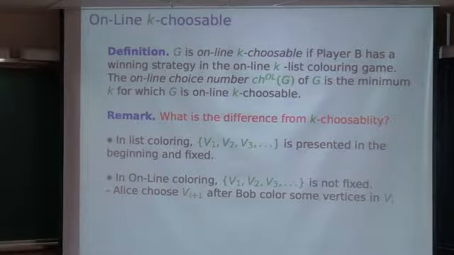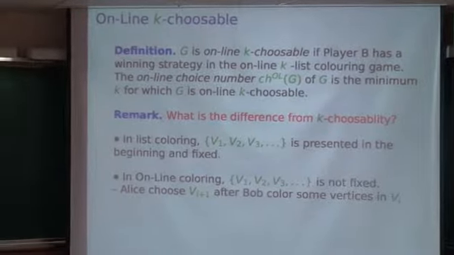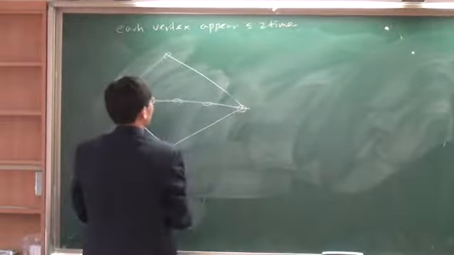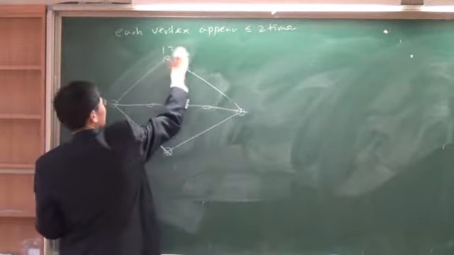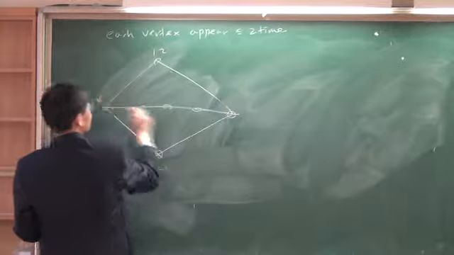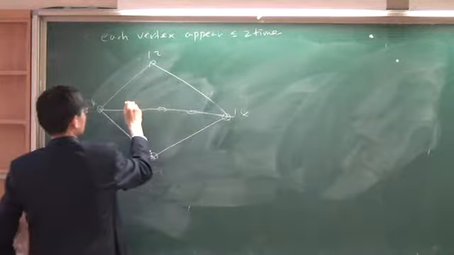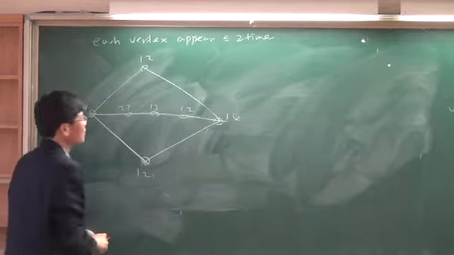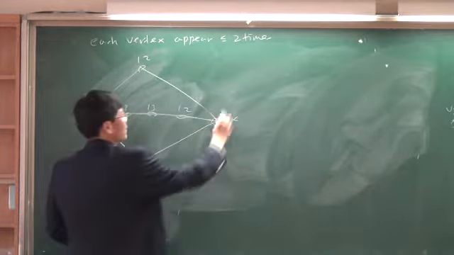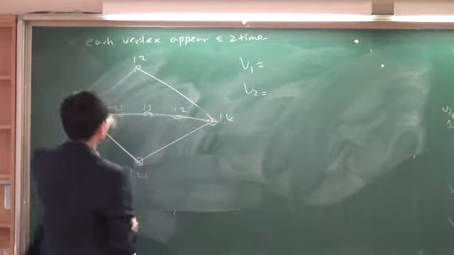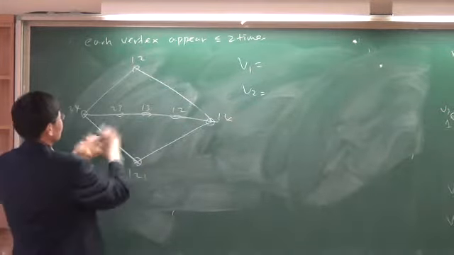So for instance, okay, if the list is this way, then actually it's the same as V1 means the vertex.